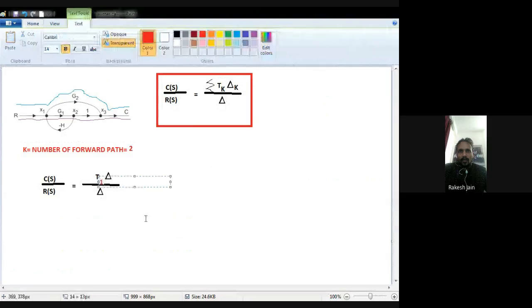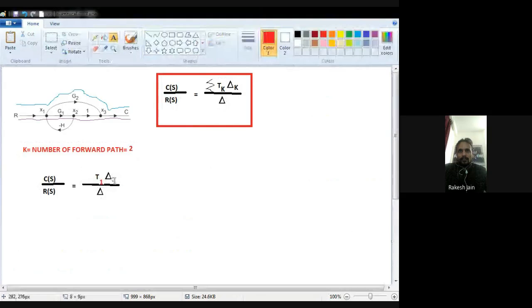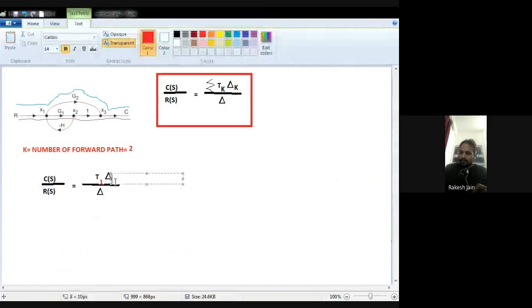Now what will be my new formula for C(s)/R(s), which I have to find out for this question? It depends on the value of k, because k is 2 here.